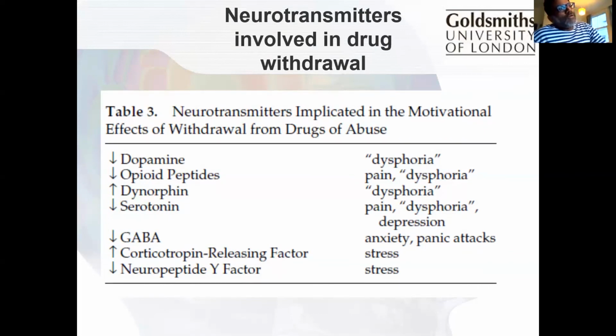From the work on the rats, they were able to see that this area in older parts of the brain, the ventral tegmental area and the nucleus accumbens, is really important for any good feelings that we get.